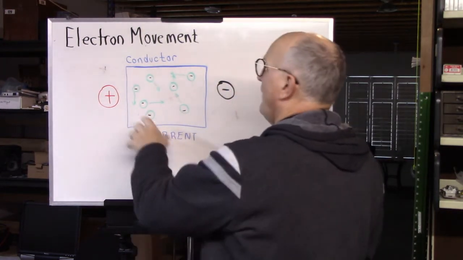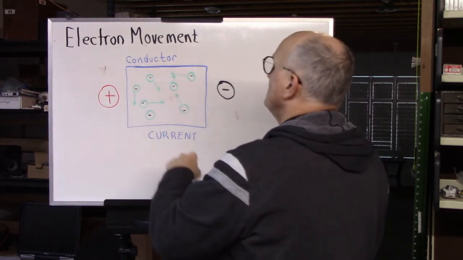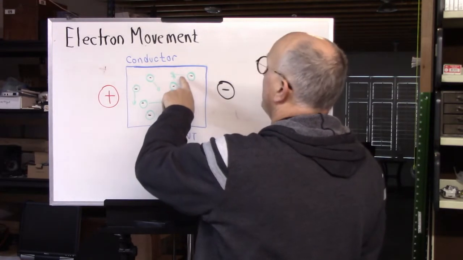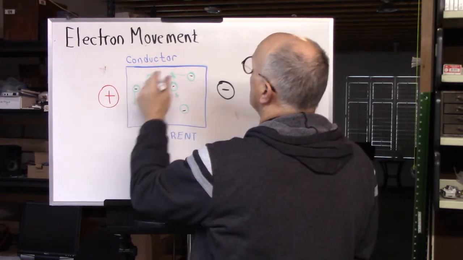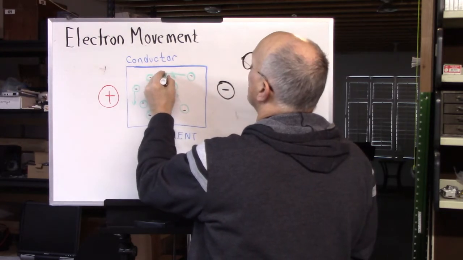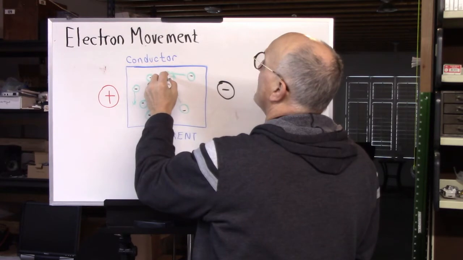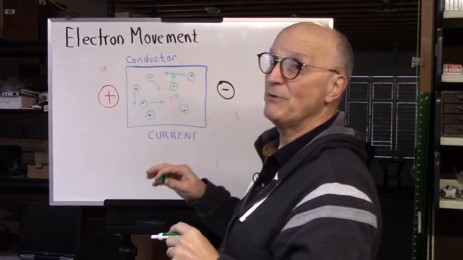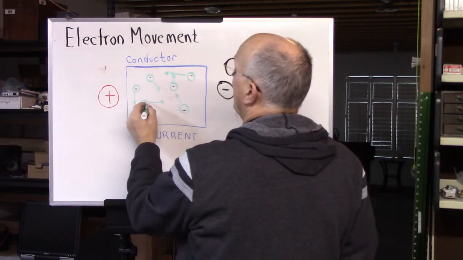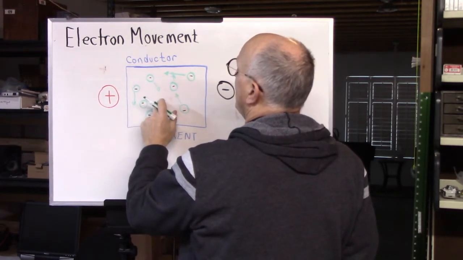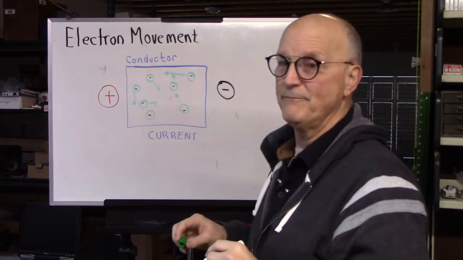And so they want to go over this way. So what that means is that this guy up here, because of this positive charge over here, is going to want to move further this way before it hits another atom and takes the place of the valence electron. This one here, while it wants to move this way, won't move quite as far this time.